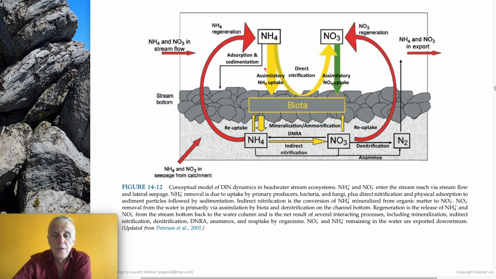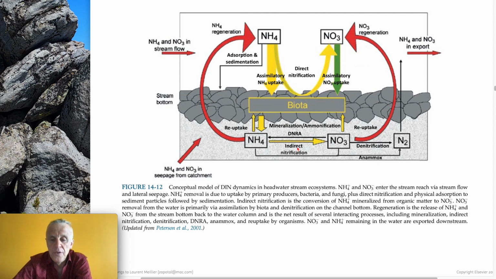And then part of this ammonium also gets adsorbed to sediment. However, most of it goes into the assimilatory ammonium uptake by biota. And then we also have a direct nitrification into nitrate, and that nitrate can also be taken up by the biota. So the biota works with both ammonium and nitrate.